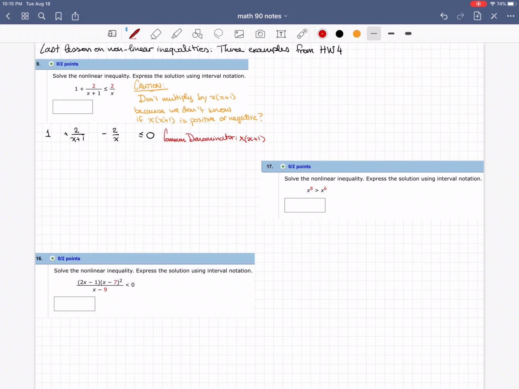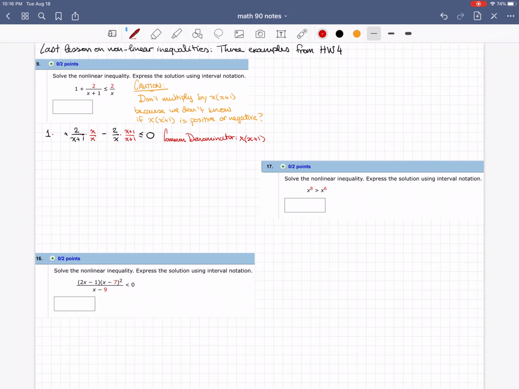The rest of the process is just asking, what does it have and what does it still need? For example, 2 over x already has an x, so it needs an x plus 1, so we multiply by x plus 1 top and bottom. 2 over x plus 1 has an x plus 1, but it doesn't have the x, so we multiply top and bottom by x.